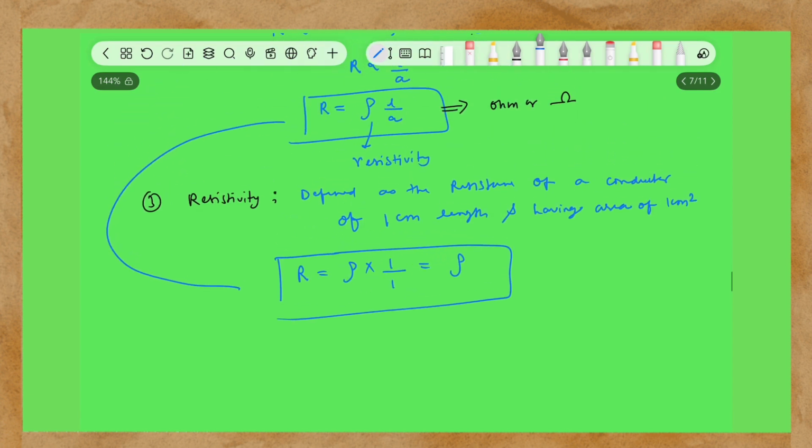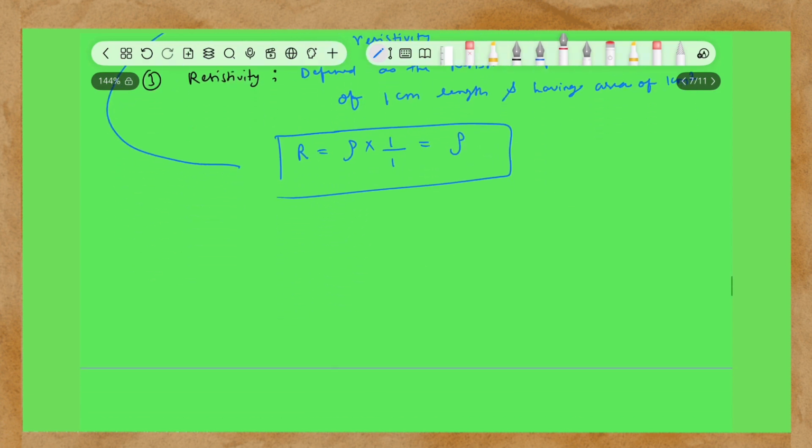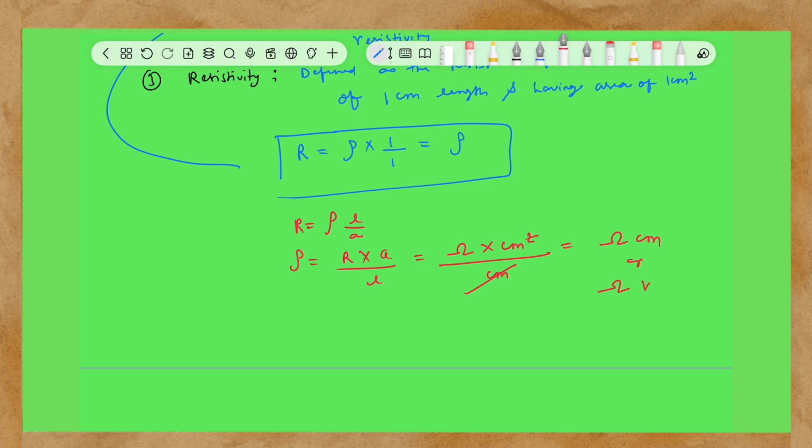Now to derive its unit, we know that resistance equals rho L upon A. Cross multiplying, we get rho equals R into area upon length. Resistance is in terms of ohm, area is basically unit square. If I am using meter square, then length will be meter. By cancelling, we will get ohm centimeter, or sometimes we write it as ohm meter.